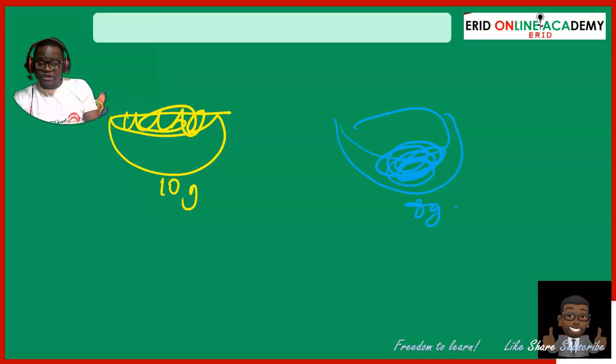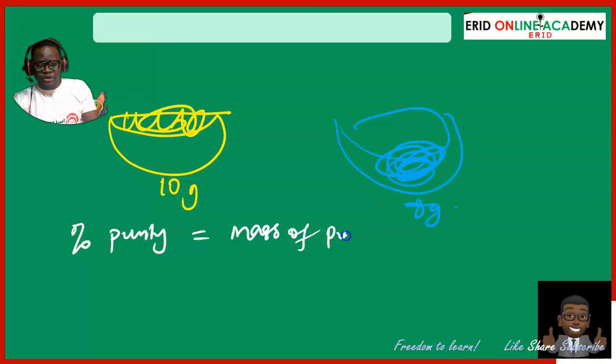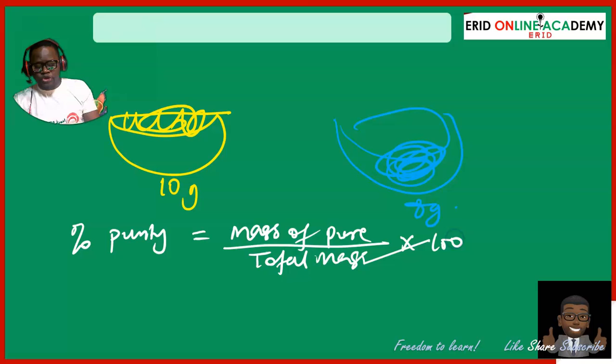Percentage purity. So percentage purity, remember the formula. Percentage purity equals to what? Mass of pure substance over total mass multiplied by what? By 100. Okay, just do your best to remember this formula.